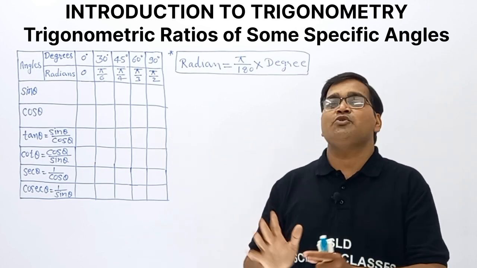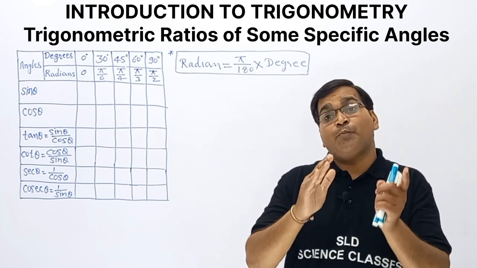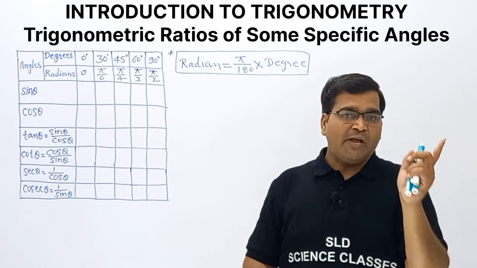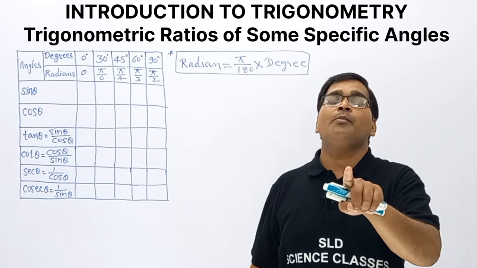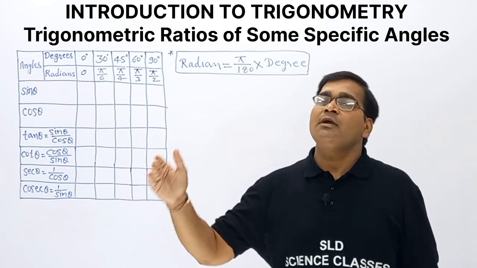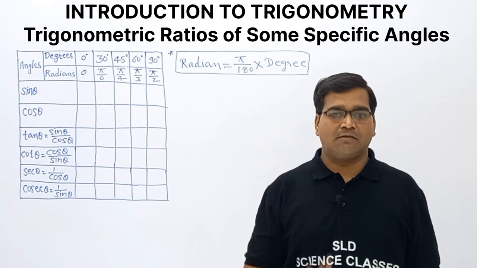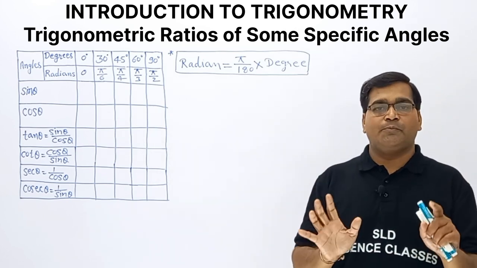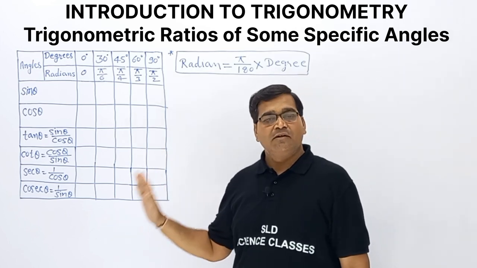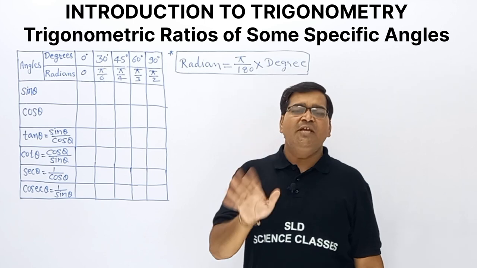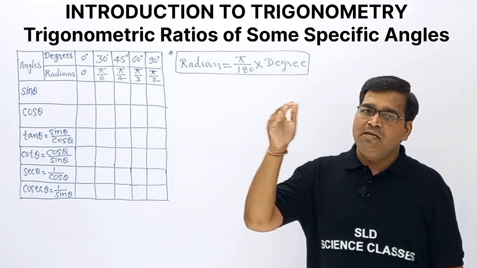Once we know these values, we can put the value of that trigonometric ratio directly in the question, solve it, and obtain the result. So we should know the values of these trigonometric ratios, and how they come we studied in detail.